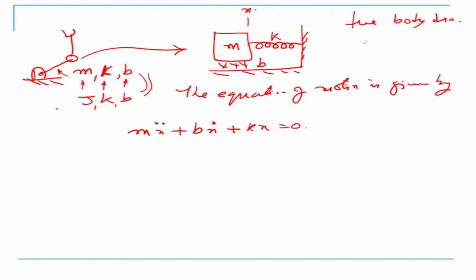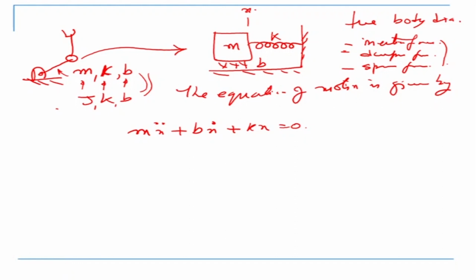There will be an inertia force, a damping force or friction force, and then the stiffness force, which is my spring force. By drawing the free body diagram, we find the equation of motion: mass into acceleration plus damping B into x dot plus kx is equal to 0.